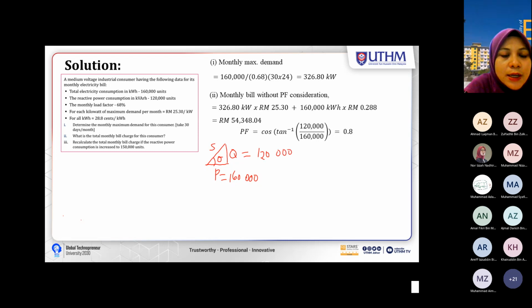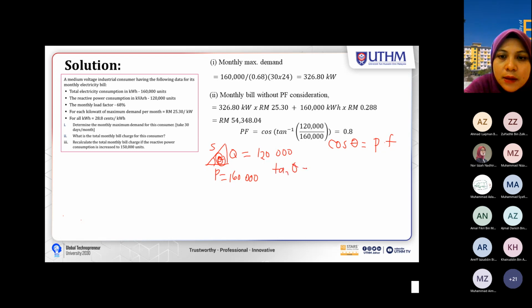So you need to find the power factor. To get the power factor, we need to find this angle, because we know cos theta equals the power factor. So we want to find theta. How to find theta?